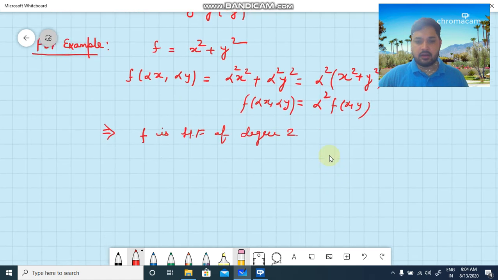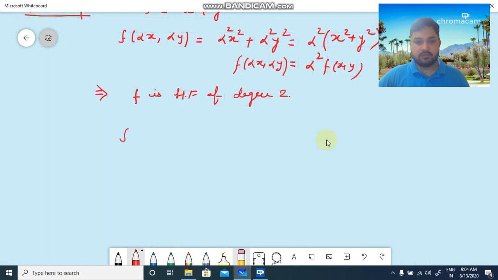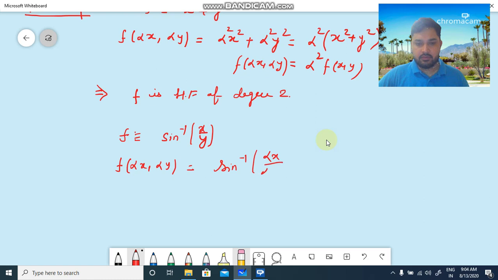Similarly, we can check the function f equal to sine inverse of x upon y. Now we put f(αx, αy), which will be equal to sine inverse of αx upon αy. Now we can cancel out α by α, so this is again equal to sine inverse x upon y, which is our f(x, y).